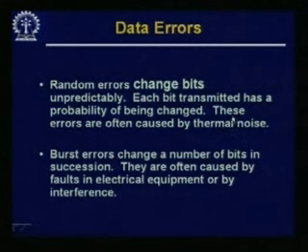There may be higher or lower levels of thermal noise, but it is always present, so it causes some random errors. Then there are burst errors, which change a number of bits in succession. They are often caused by faults in electrical equipment or by interference from something neighboring. Electrical interference is a major cause of such burst errors.